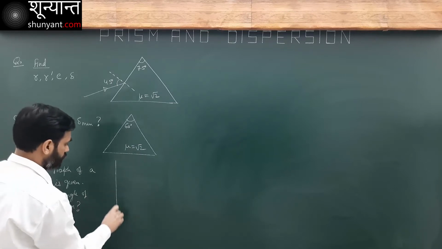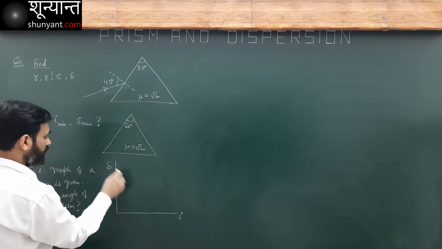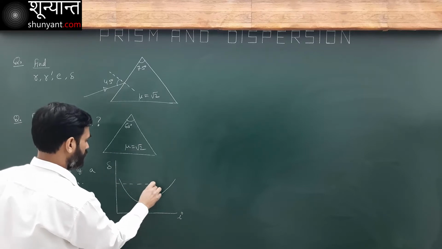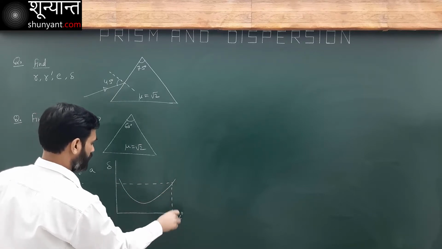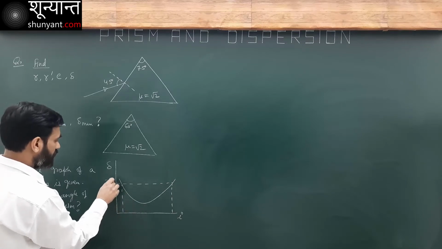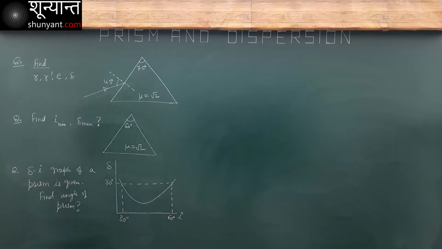It's like this. This is i and this is delta. It goes like this. This is 30 degree, this is 30 degree, and this is 60 degree. For two angles of incidence, delta is the same.